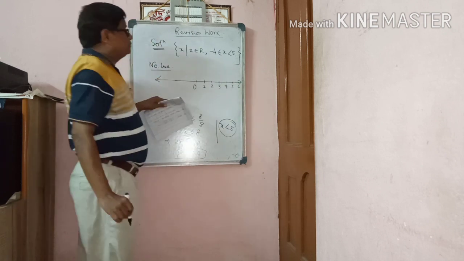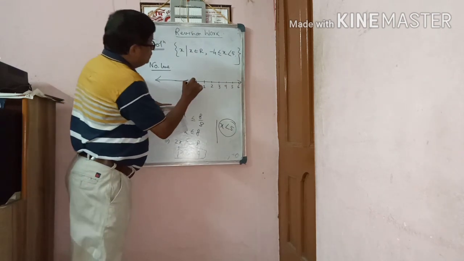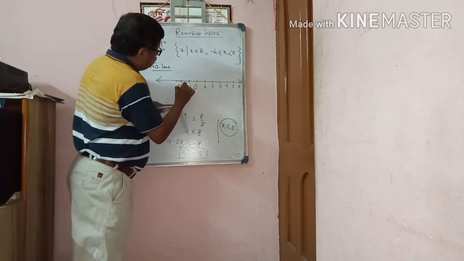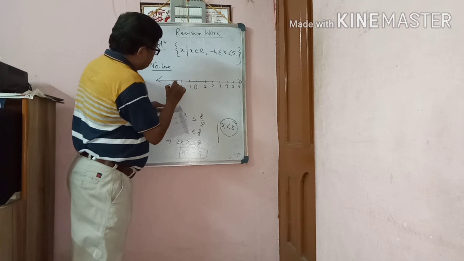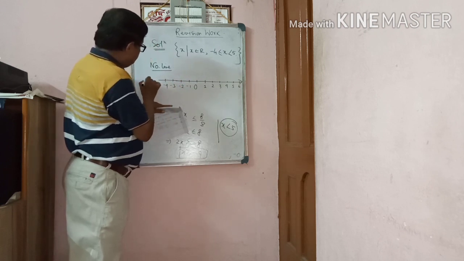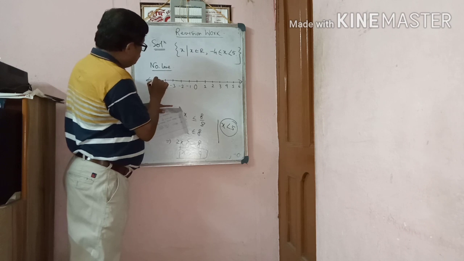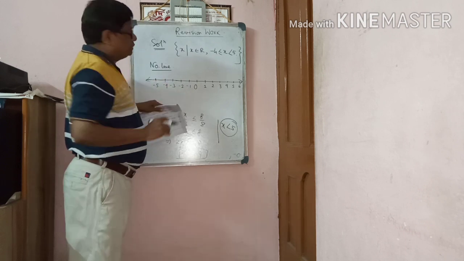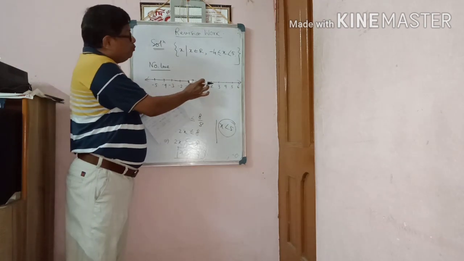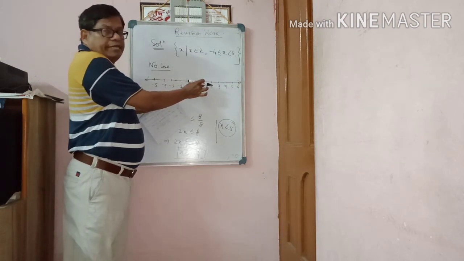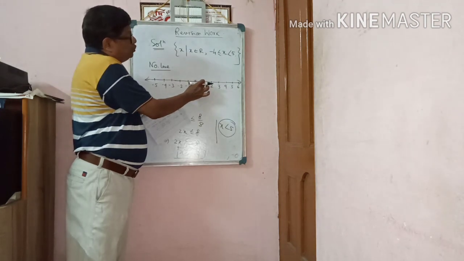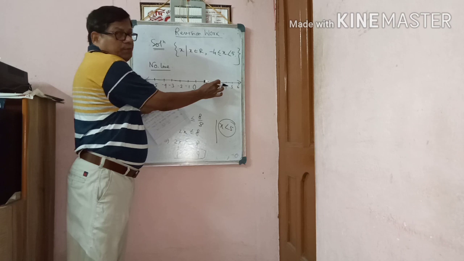And here minus 1, minus 2, minus 3, minus 4, suppose minus 5. Students, keep in mind, this distance should be equal: 0 to 1, 1 to 2, 2 to 3.